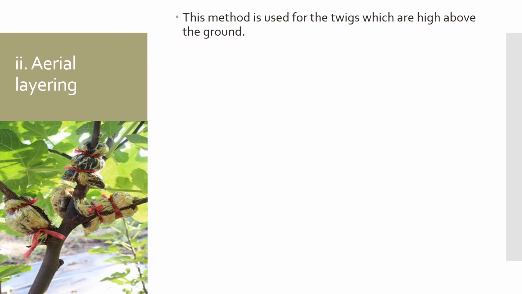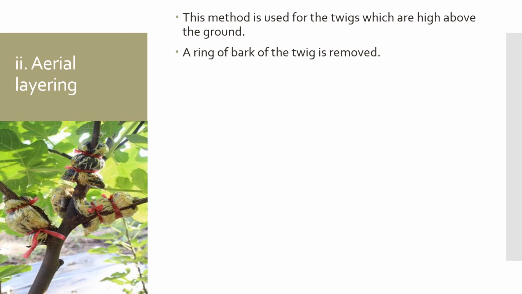So here you can select any twig of the plant which is located anywhere on the plant, and the only thing that you have to do is to remove a ring of bark of the twig we selected, as we did in the ground layering. But in ground layering, you just put a small cut to the twig.